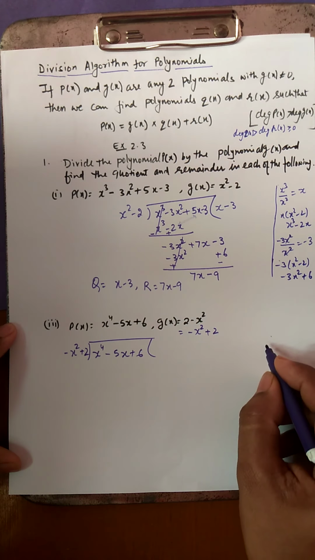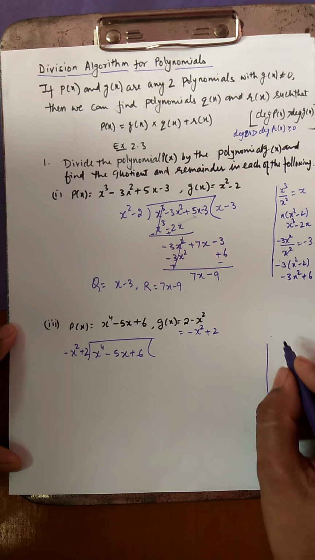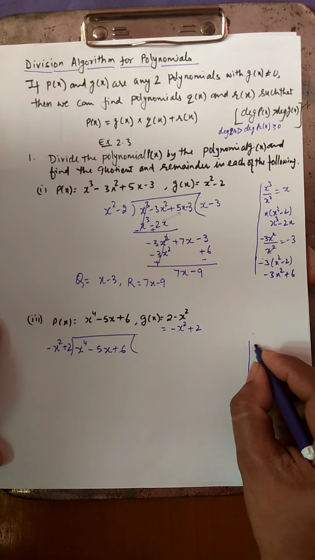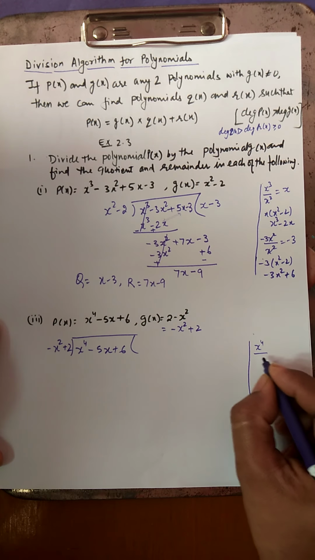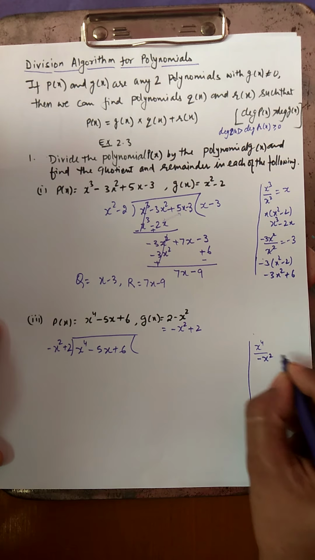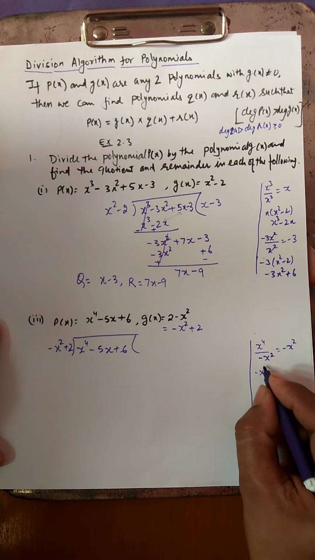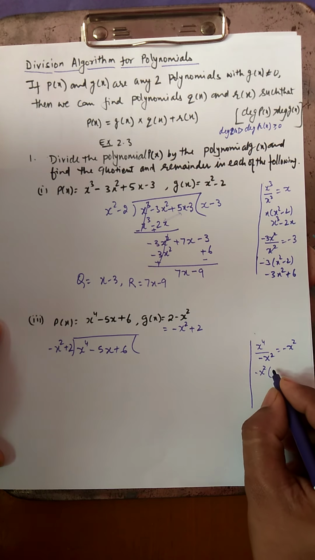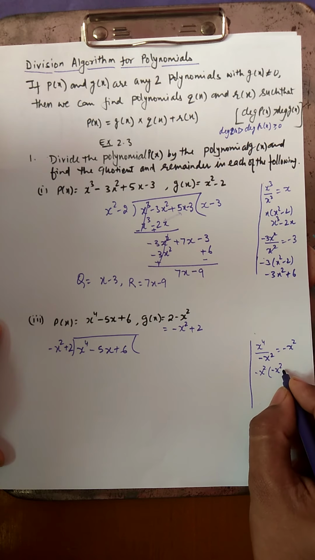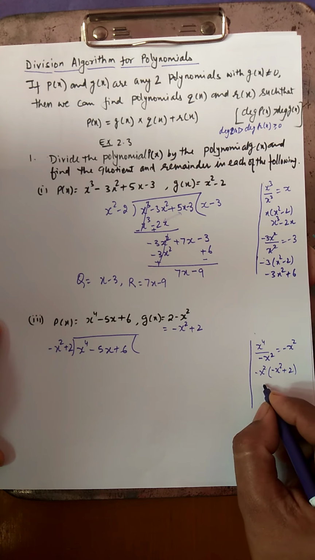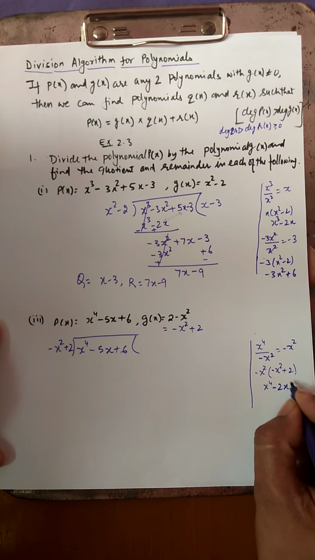So we'll go ahead now, as I've done here, I'll do this again here for you. You take the first term of the dividend and the first term of your divisor. So you will get minus x square. That minus x square has to be multiplied by the divisor. So you will get minus minus plus x4 minus 2x square.